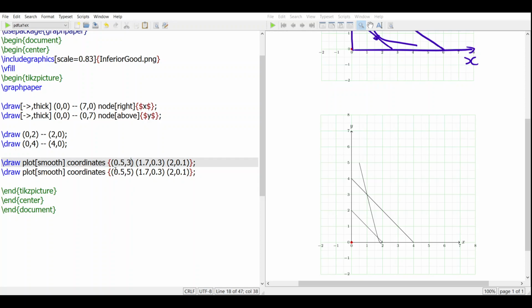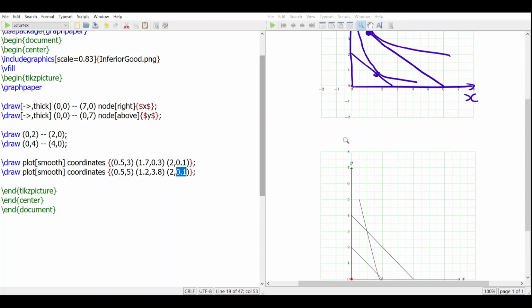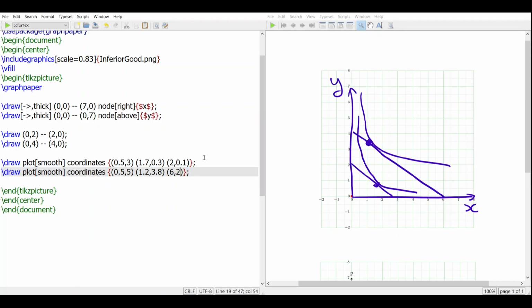Let's say this is 5, and this is like 1.2, and then 3.8, and then make it like 6.2 here. Okay, let's try to follow as much as possible. Yes. So let's see what this graph gives us.